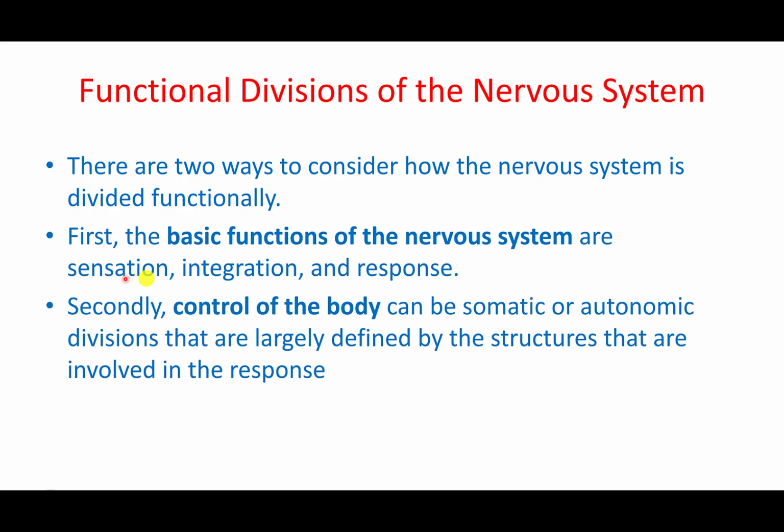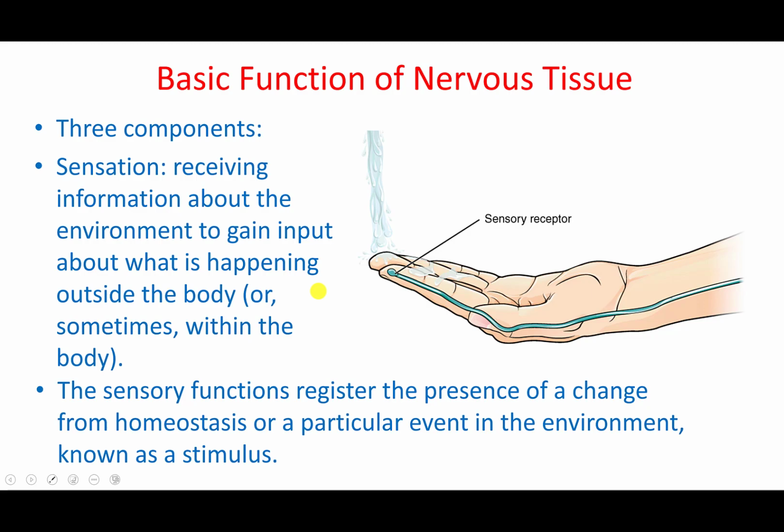So as it says here, there is the sensation, integration, and response. Sensation means receiving information about the environment, or you can think of it as gathering information about the environment, whether this is inside the body or outside.